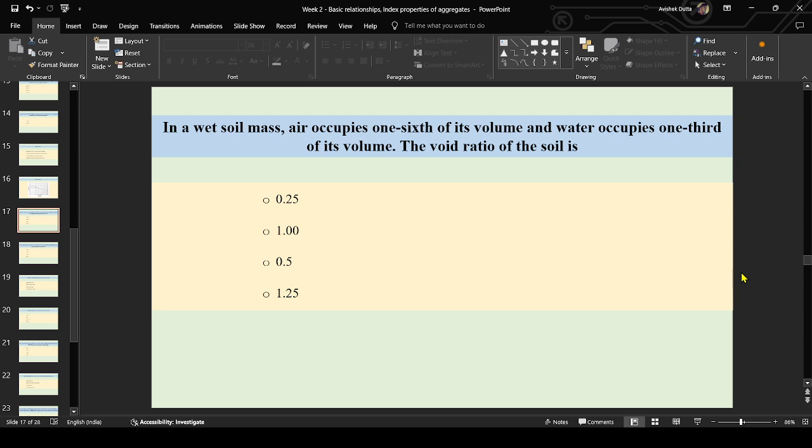In a wet soil mass, air occupies one-sixth of its volume and water occupies one-third of its volume. The void ratio of the soil is, the options are 0.25, 1, 0.5 or 1.25.